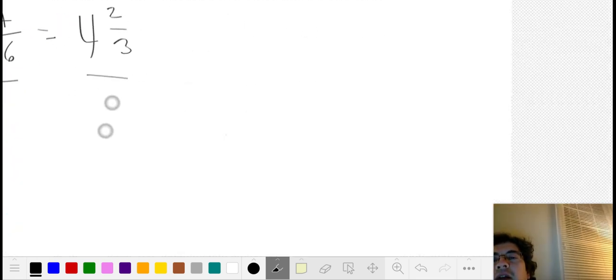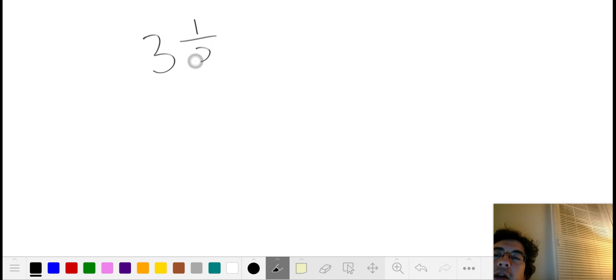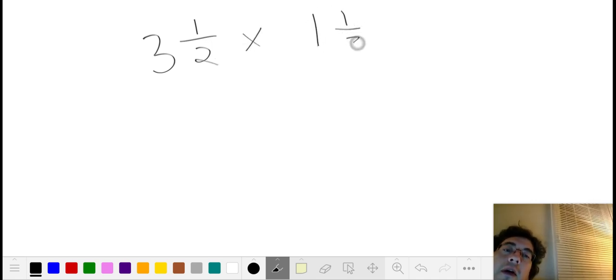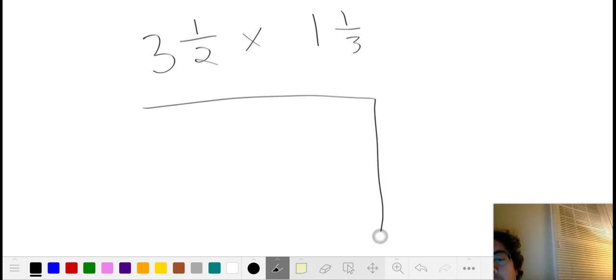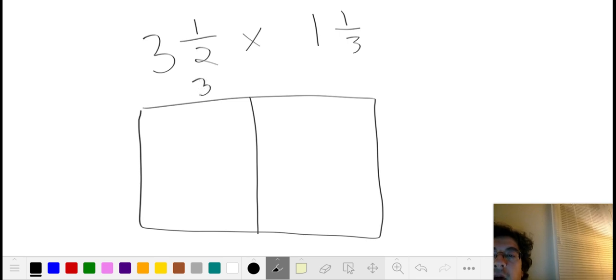Now, there's another way that you can multiply two mixed numbers together. And this way is very similar to the way that some of us prefer to multiply whole numbers together. And that's using an array. So I can break up 3 1/2 into 3 plus 1/2.